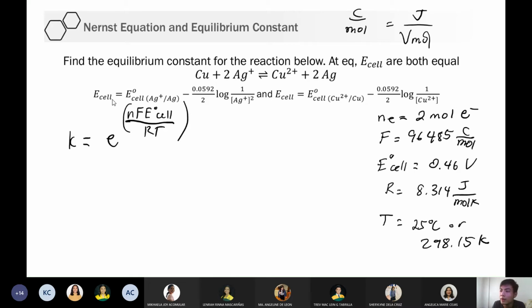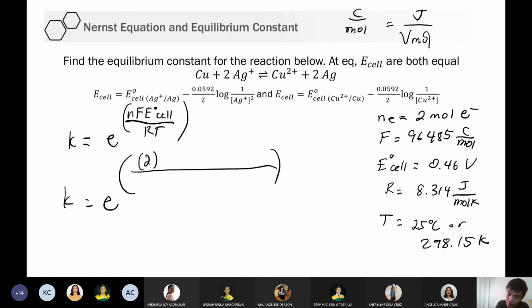Yun lang. Let's plug all these numbers into this. Plug in. K equals e to the. Yung 2 moles, yung number lang kokopyahin ko doon. Faraday's constant, 96485 joule per mole volts. E cell, 0.46 volts.